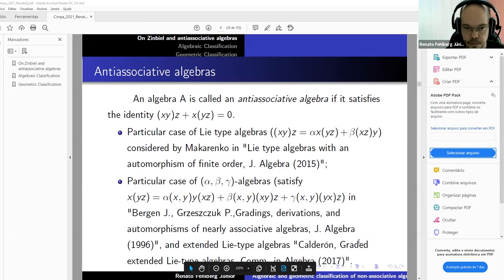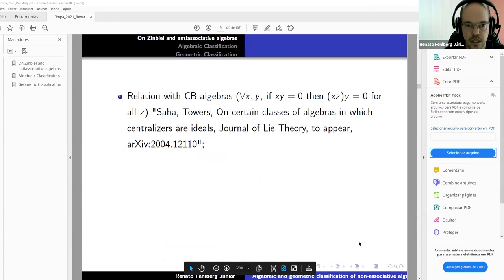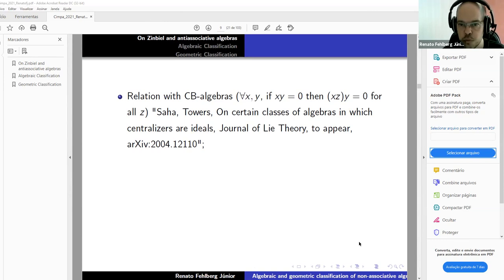There is a relation with CB algebras, that are algebras that satisfy this condition. And in particular, an anticommutative algebra is a CB algebra if and only if it's an antiassociative algebra.